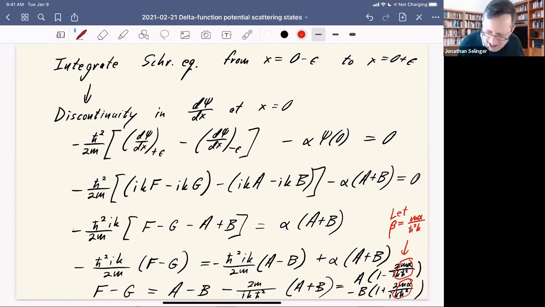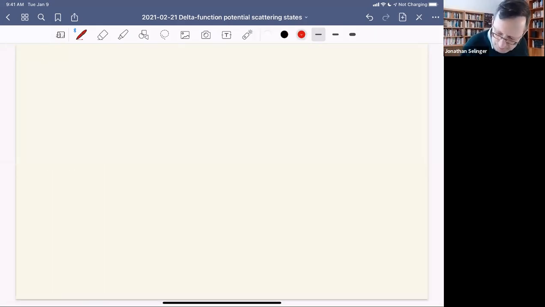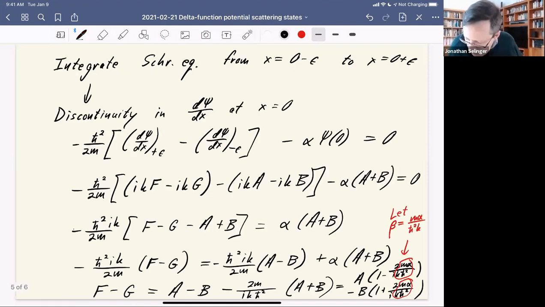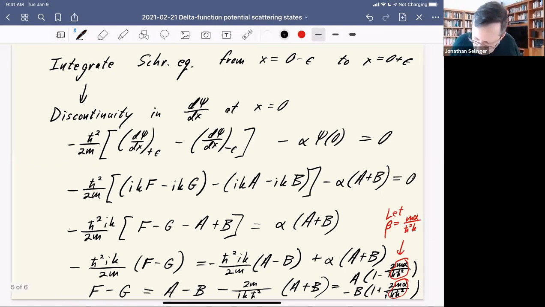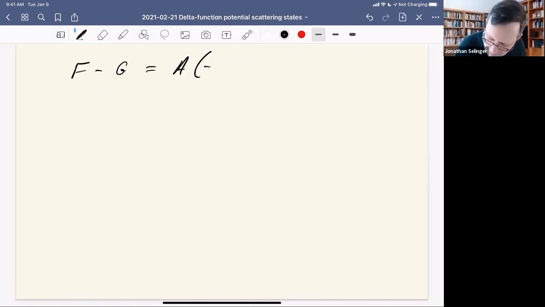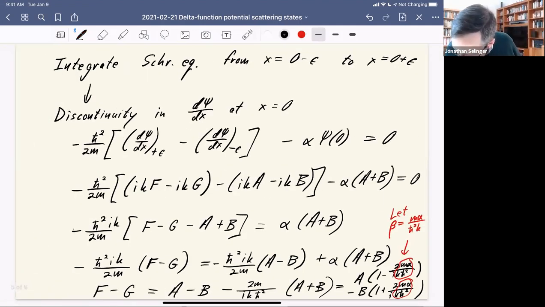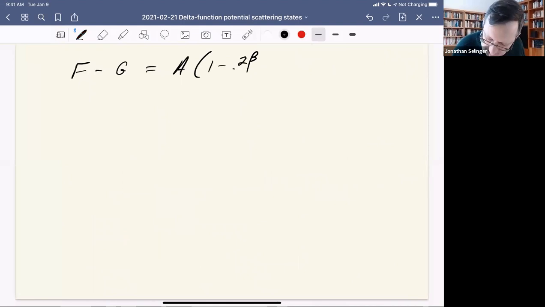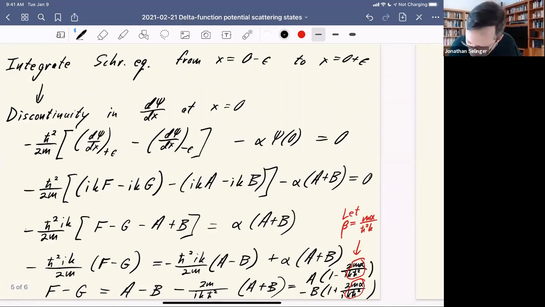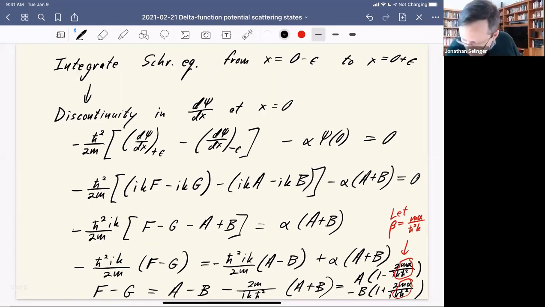And then the book would say F minus G is equal to A times 1 minus 2 beta over i, and then minus B times 1 plus 2 beta over i.